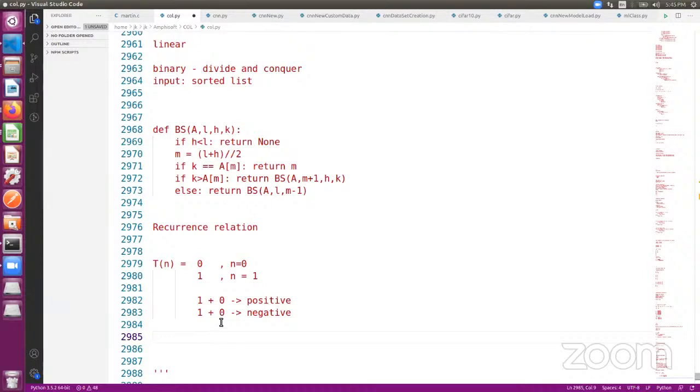So if there are more elements, I have one time unit to calculate the mid value, and I will go to the right hand side or left hand side, taking only half of the data set, which gives me half of the time. So this 1 is for calculating the mid value, and this T of n by 2 is for either the right half or the left half. Understood how this is 1 plus T of n by 2?